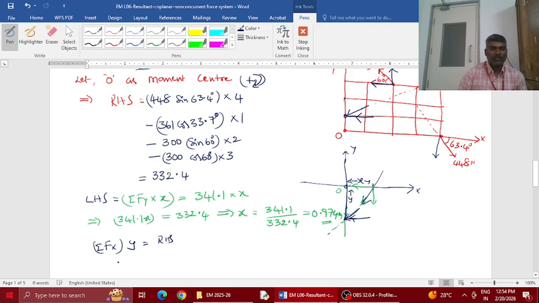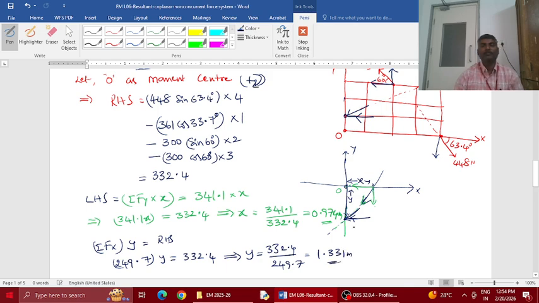What is sigma Fx? 249.7 into y is equal to the right hand side, which is the same, 332.4. So what is the y value? 332.4 divided by 249.7, so y is 1.331 meters, below this point O.